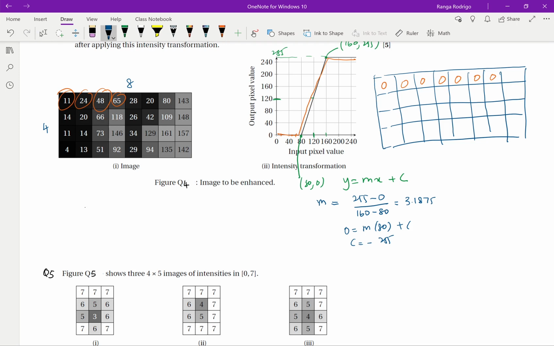Yeah. So the equation would be y equals 3.1875x minus 255. So you substitute 143 in here.